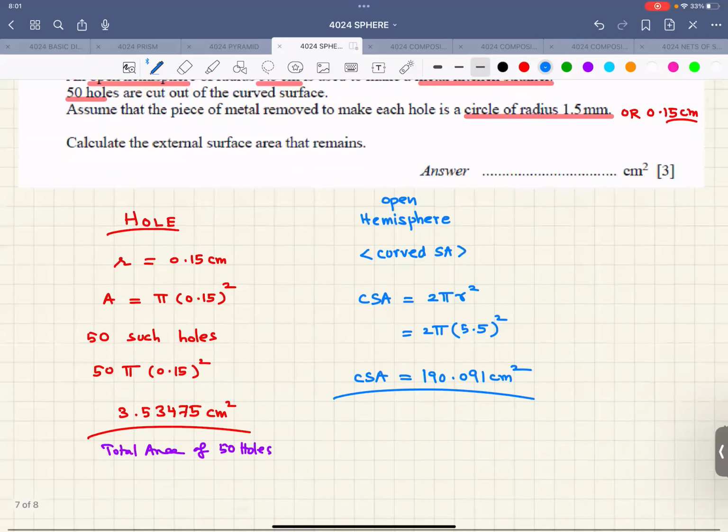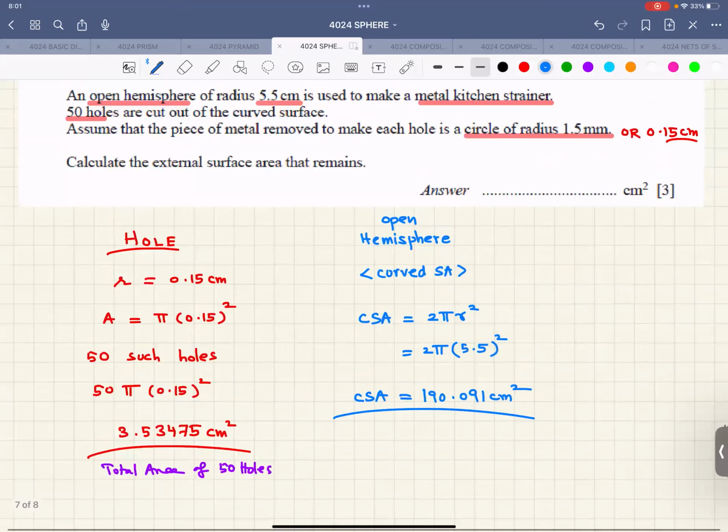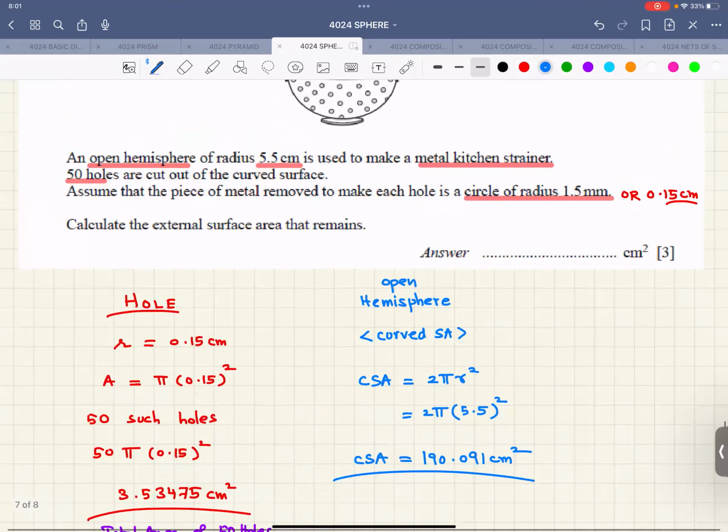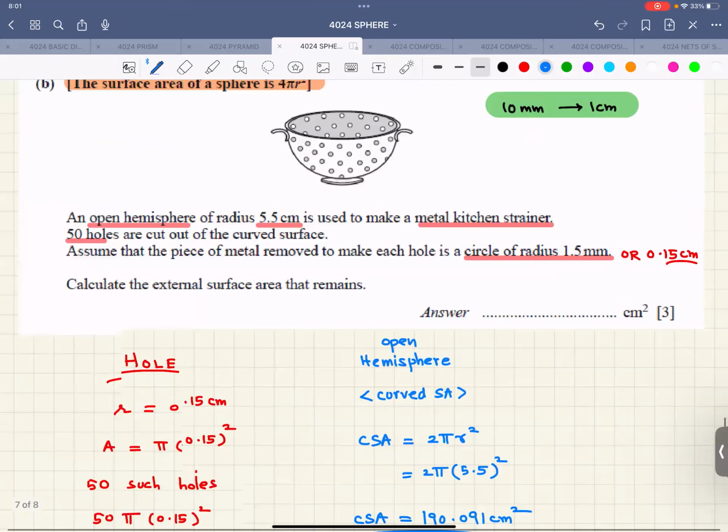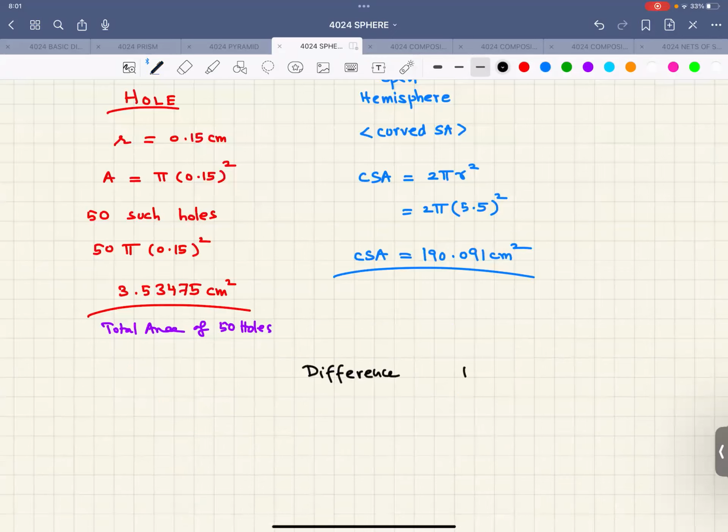Calculate the external surface that remains. So the difference is what I'm looking for. So therefore, 190.091 minus 3.53475. I have a calculator. Let me simplify it right now. This comes out to be 186.55625.